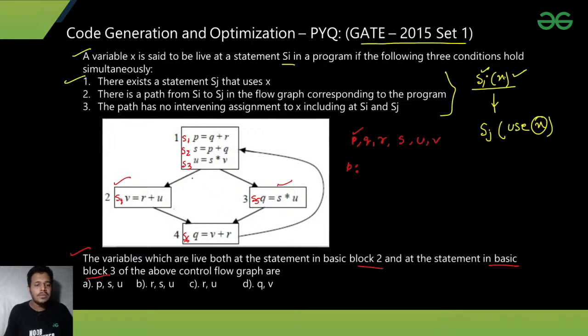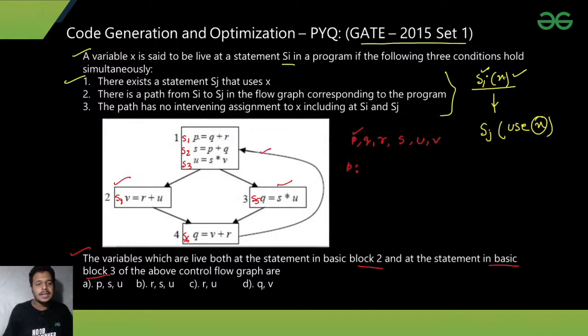Here you can see that in block 2 and 3, the variable p is not used. After this, variable p is also not used in block 4. But there is some path from block 4 to block 1, right?